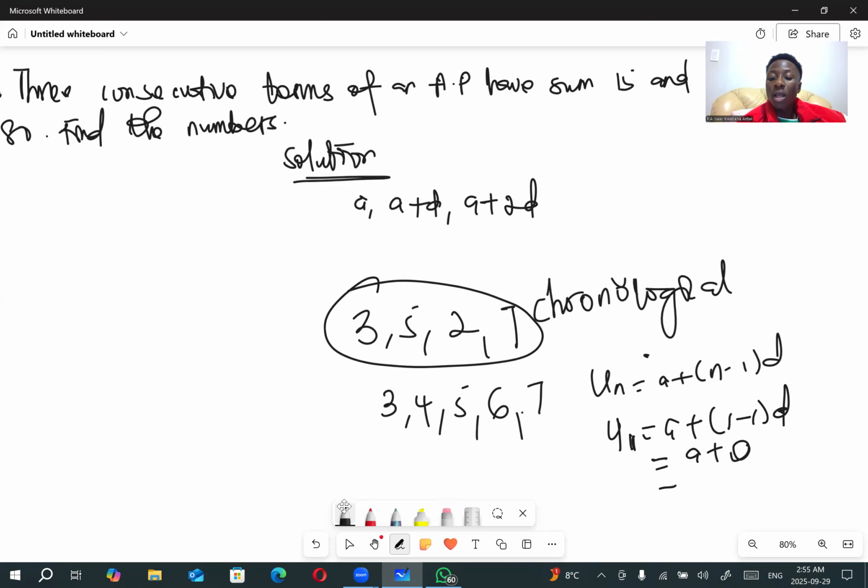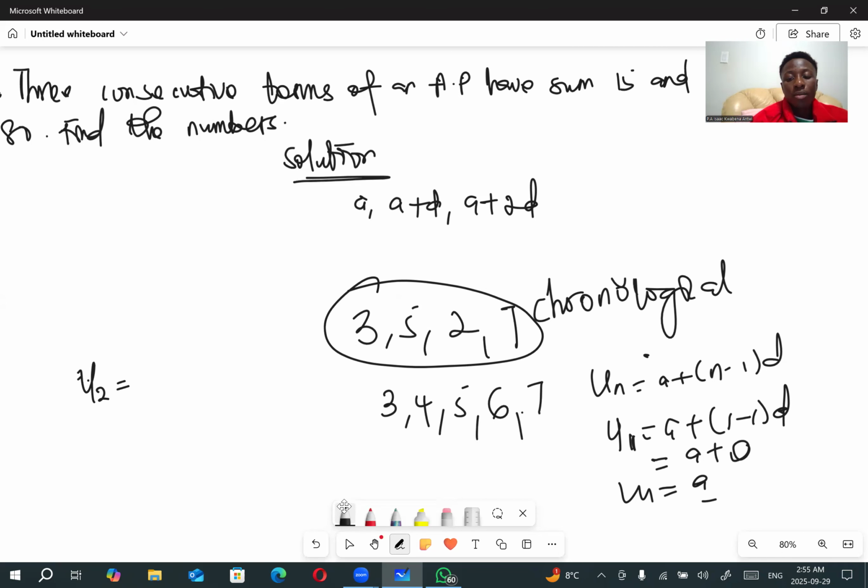It's a plus 0, which is a. So the first term is a. The same formula will give the second term.